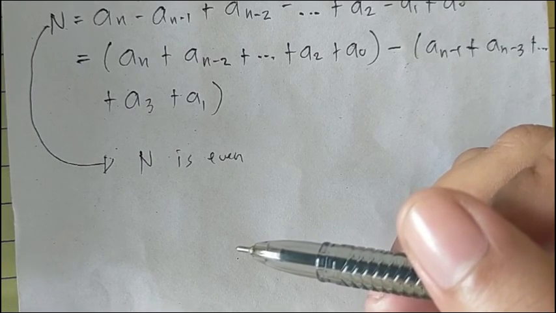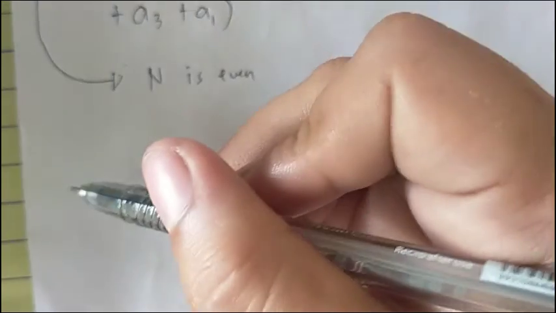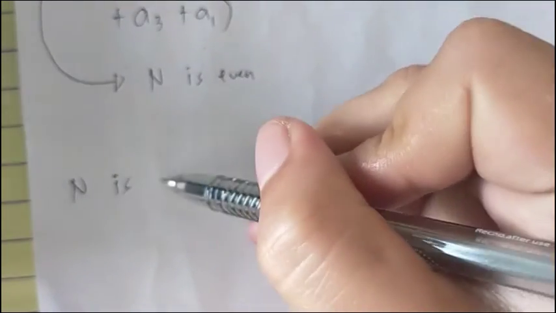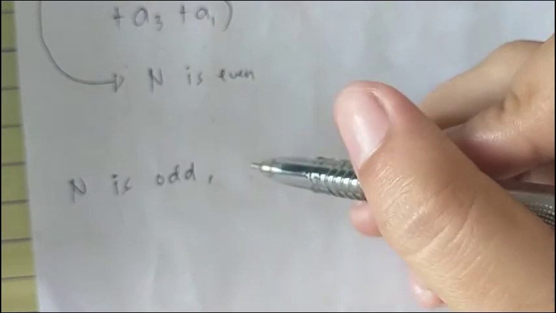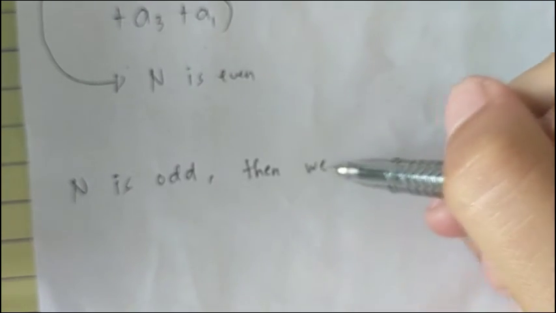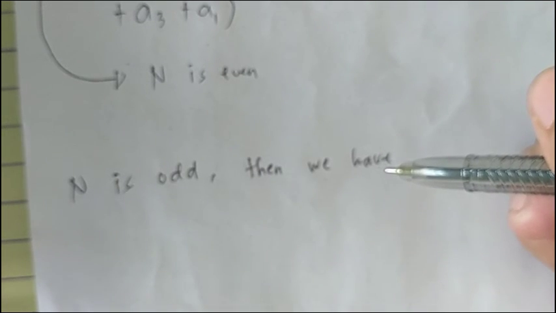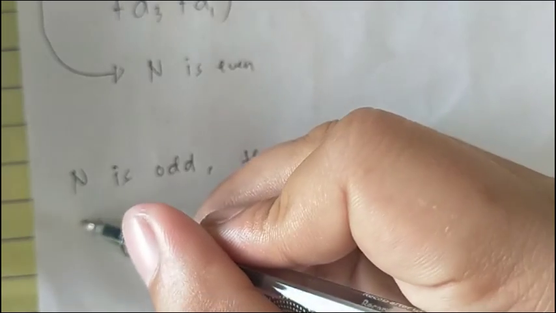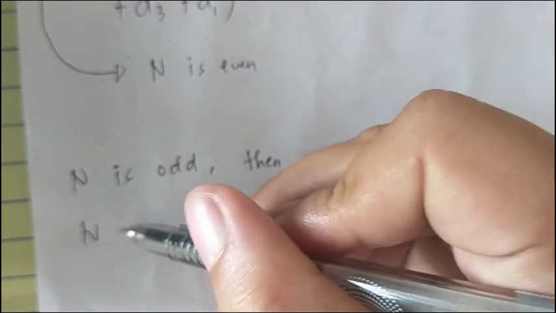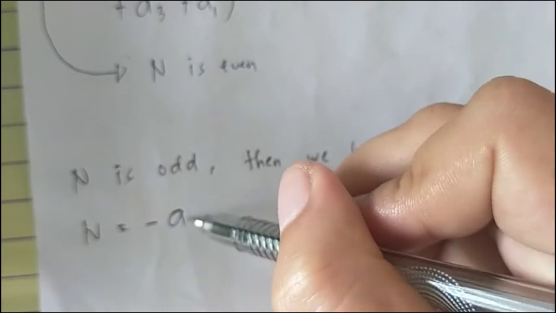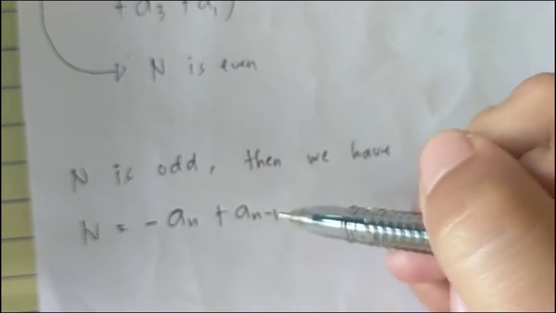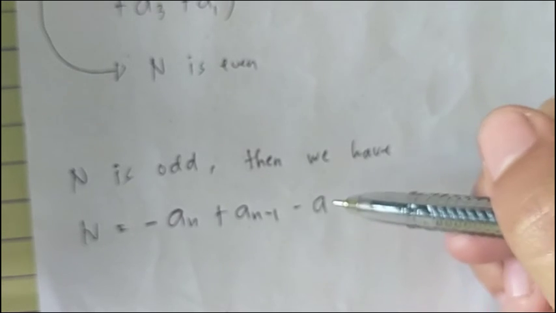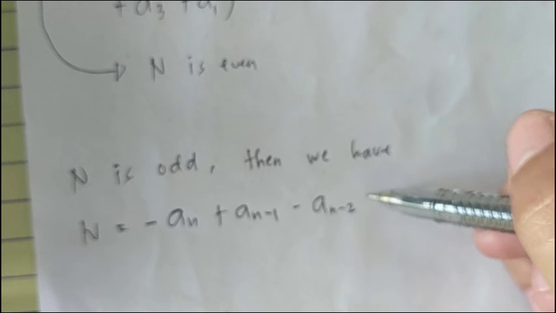So we suppose that n is odd, then we have n is equal to negative a sub n plus a sub n minus 1 minus a sub n minus 2 plus dot dot dot plus a sub 2 minus a sub 1 plus a sub 0.